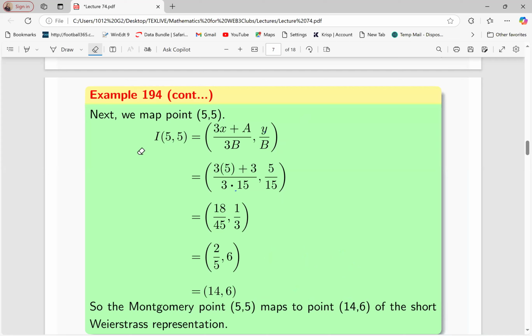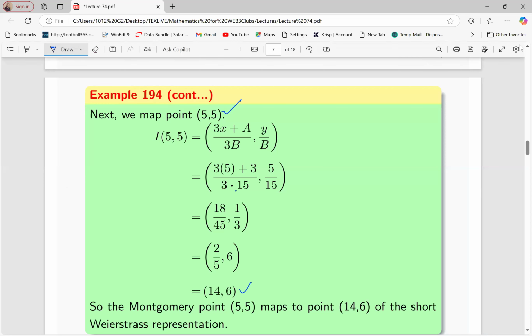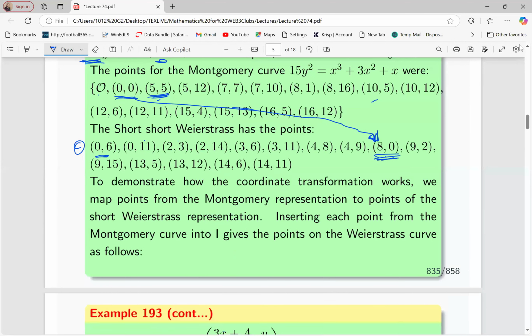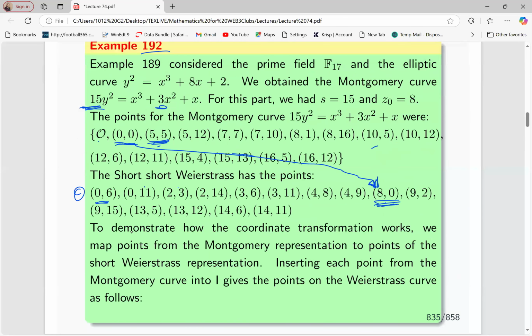Now, we've discovered that this point on Montgomery will be mapped to 14, 6 on the short Weierstrass.